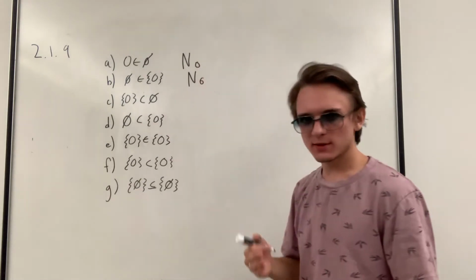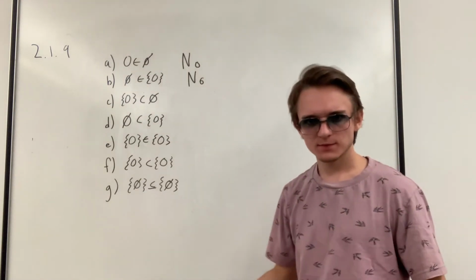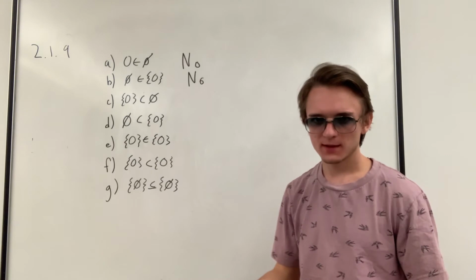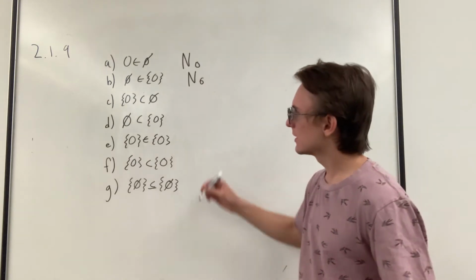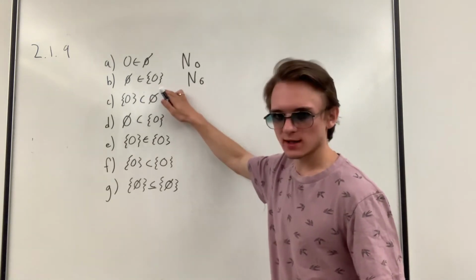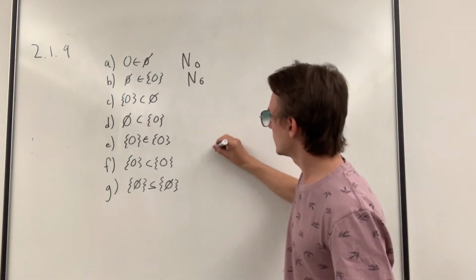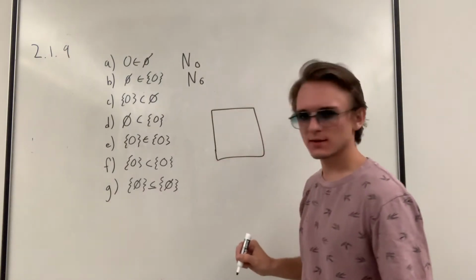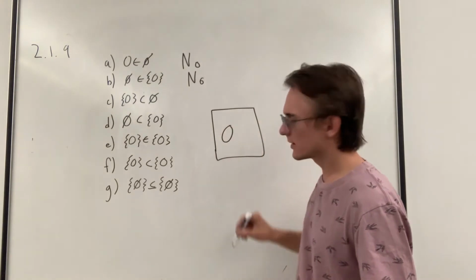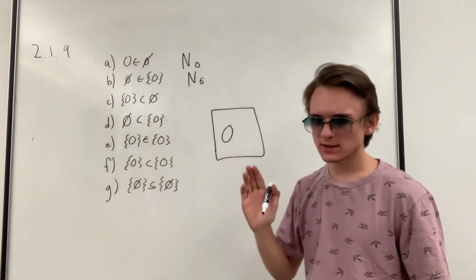Right? So remember, the empty set is itself a box. It's a box that contains nothing, but still a box nonetheless. Let's say that these two brackets around the 0 denote this box here. This set contains 0, but it doesn't contain any other boxes in it.